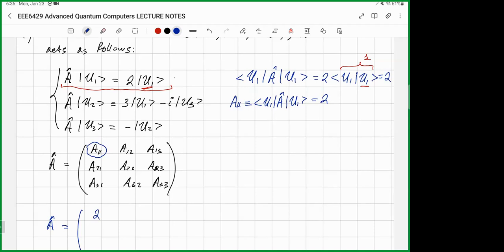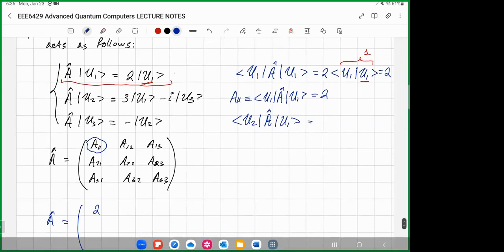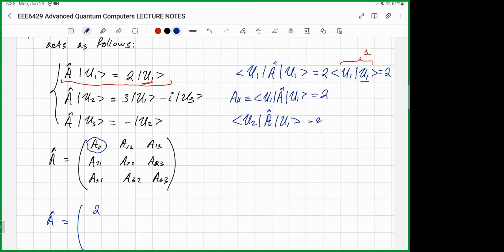So I suggest to take the first rule and multiply this rule on the left by the remaining two vectors. So the product of vector u2 by this A u1, right, is equal to what? It will be 2 times u2 u1. u2 u1 is equal to 0, right? The vectors are orthogonal. So this is 0.